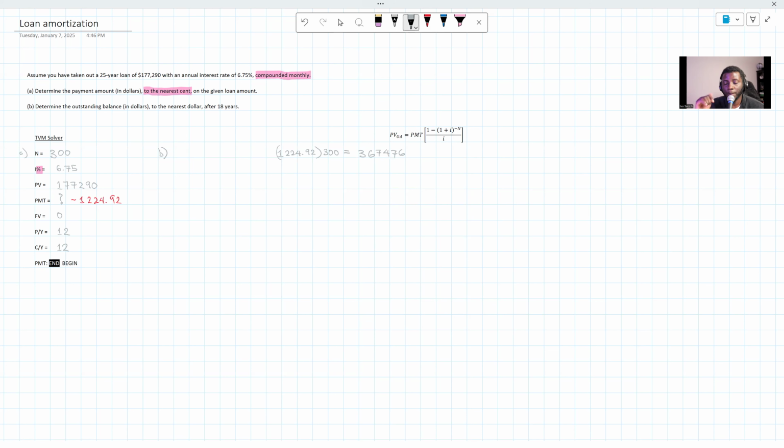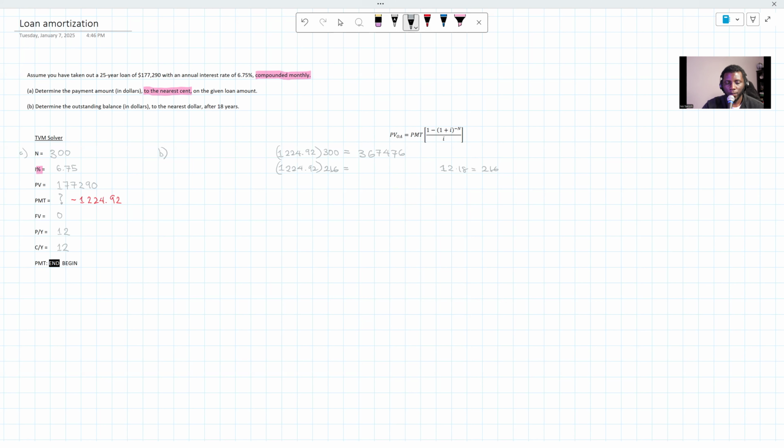So this is how much you would pay if you took out a $177,000 loan. You pay approximately that. Just a lot in interest. And over 18 years, paying that amount every month, the number of payments made would be 12 times 18, which is 216.